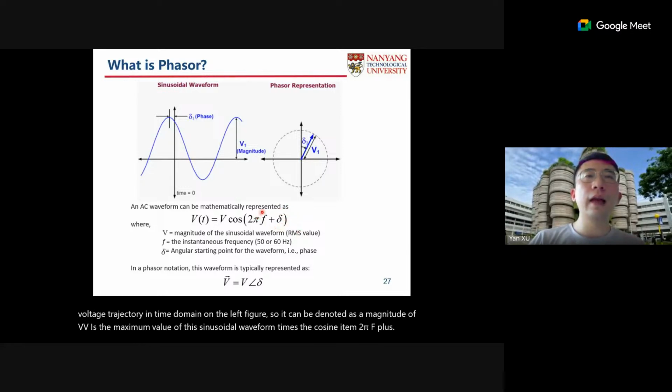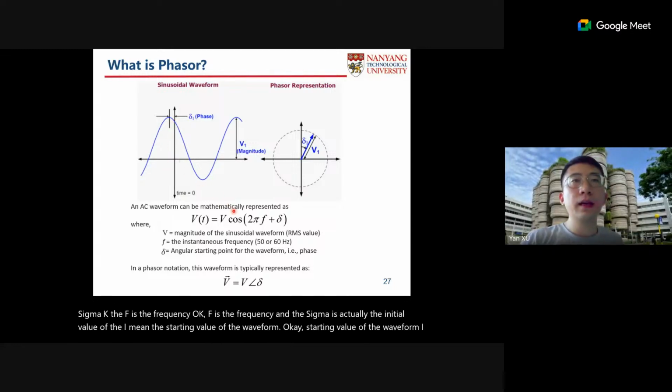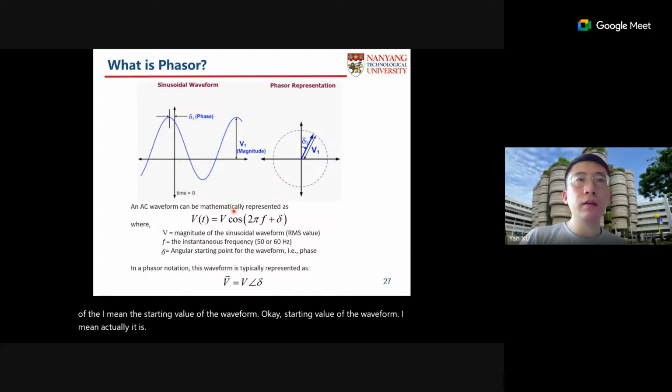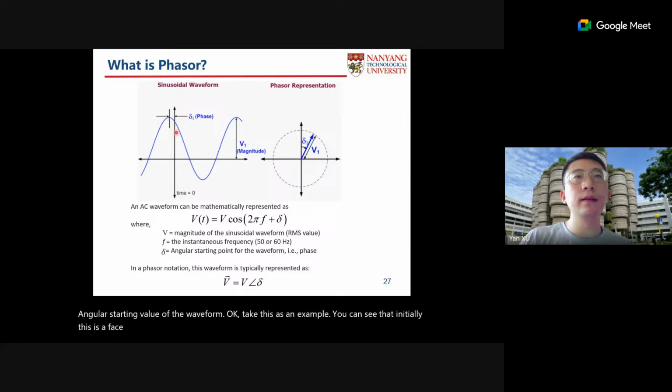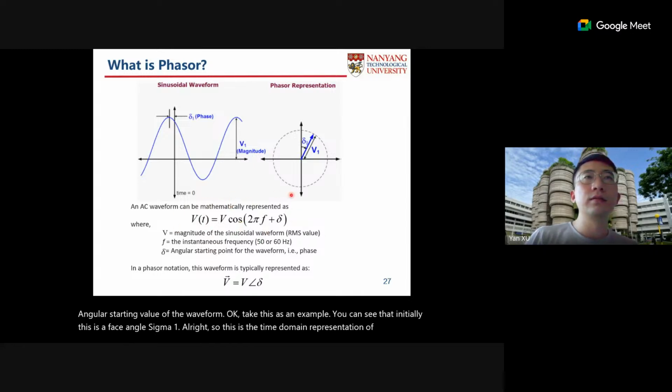The f is the frequency, and sigma is the initial value, the starting value of the waveform. Actually, it is the angular starting value of the waveform. Take this as an example: you can see that initially this is a phase angle, sigma 1. So this is the time domain representation of the sinusoid waveform.